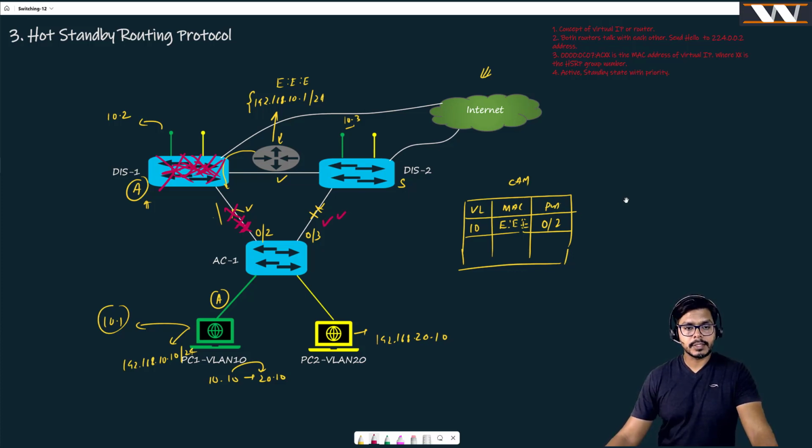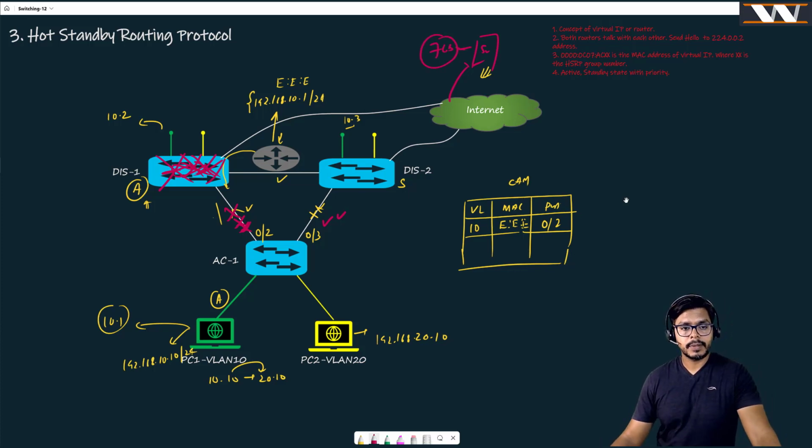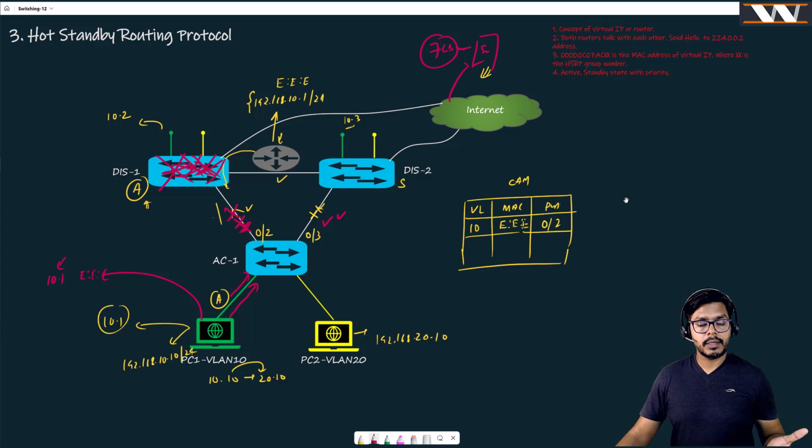And suppose this guy is downloading a 7 GB file from a server on the internet, and during that operation this happens. Believe me, this guy is going to send the message to the switch, because it has already resolved the MAC address of 10.1, which is its default gateway, E:E:E. So it is not going to do the address resolution protocol again.